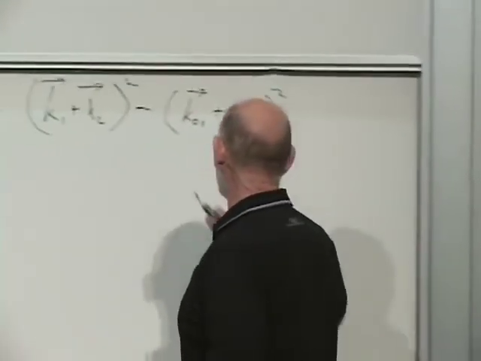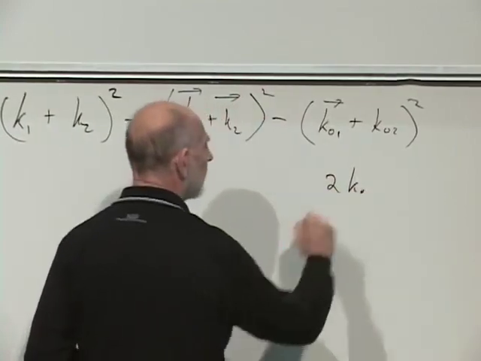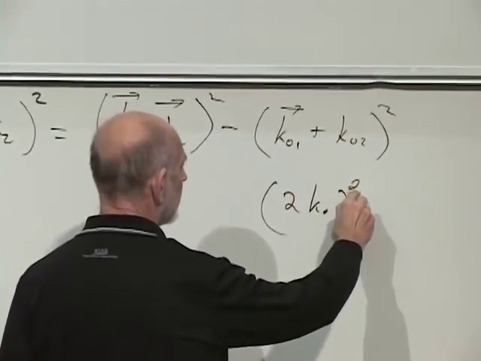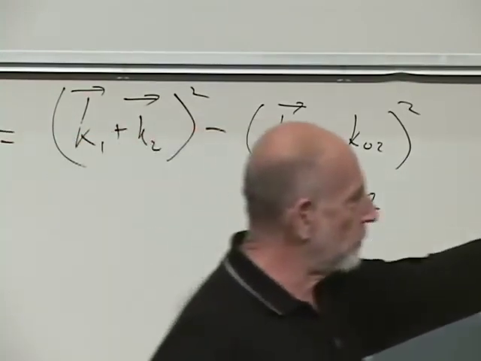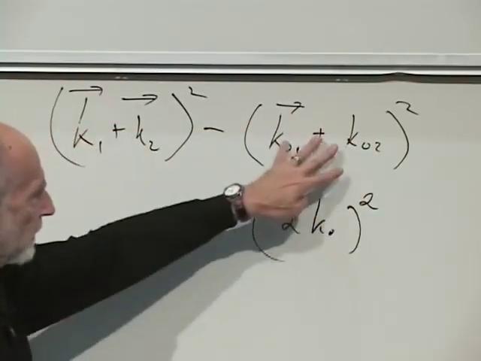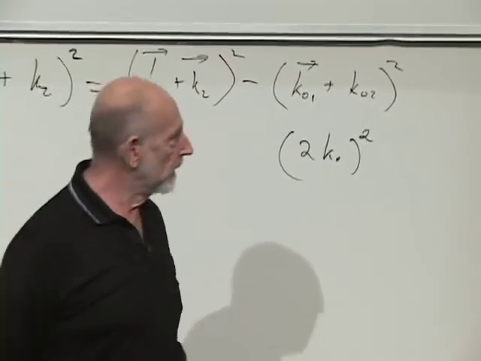So this just becomes twice K0 quantity squared. Very simple. This is the center of mass energy here. In the center of mass frame, you add the two energies, it's the total energy, and the square of it is just the square of the center of mass energy.